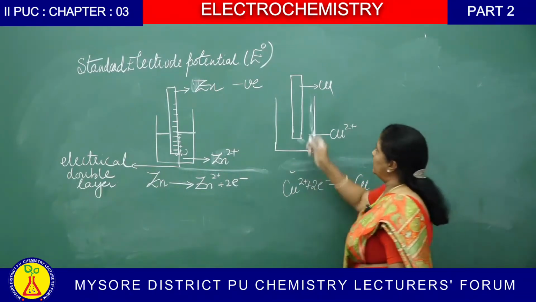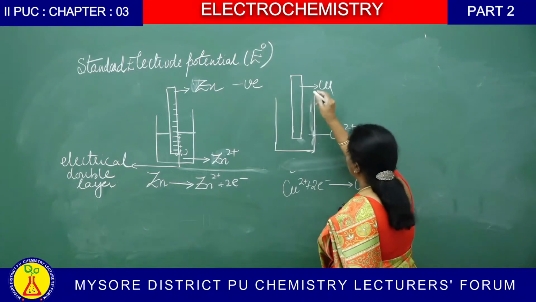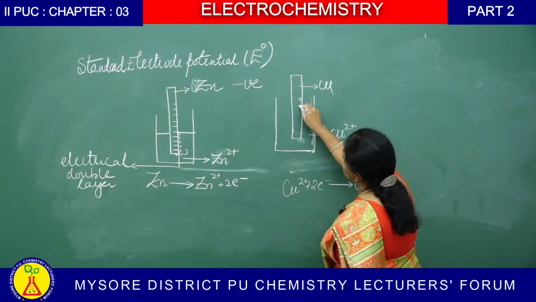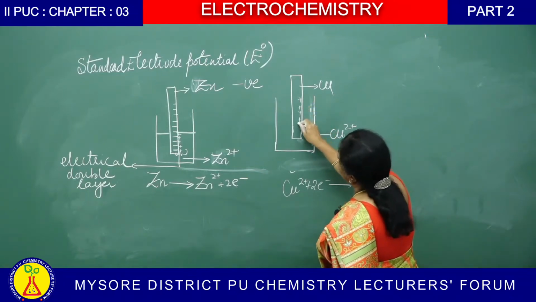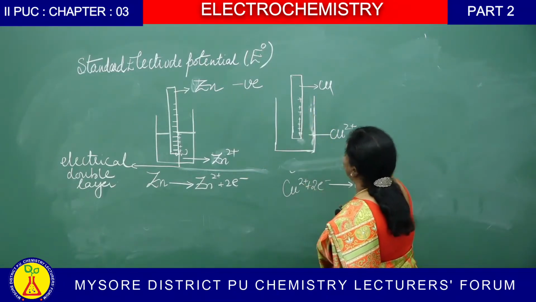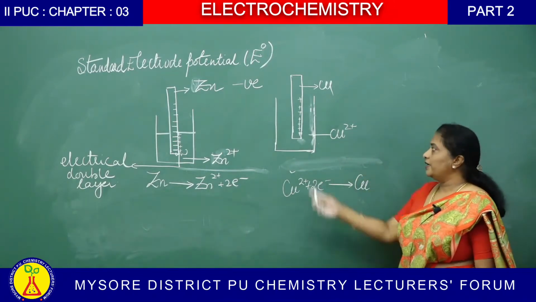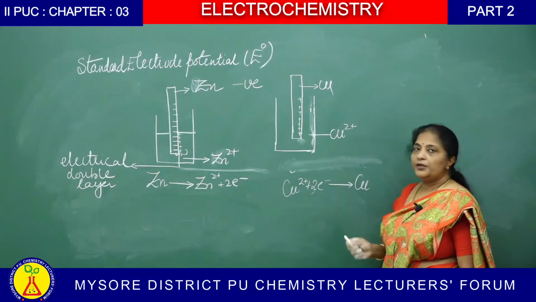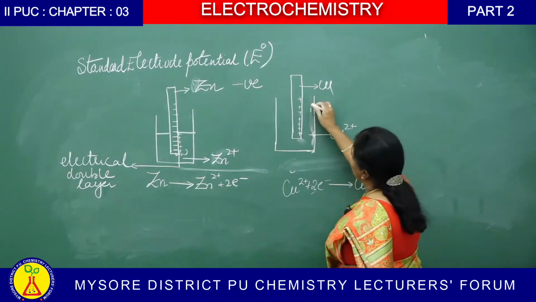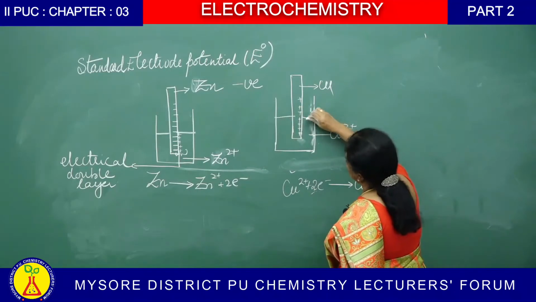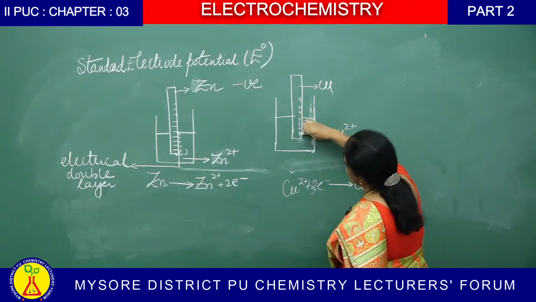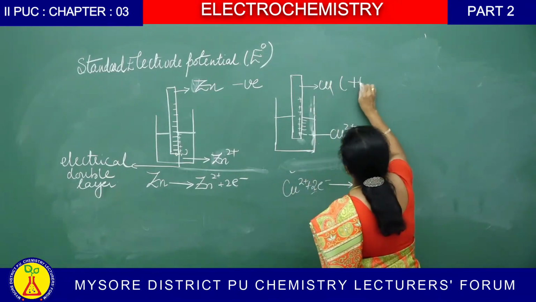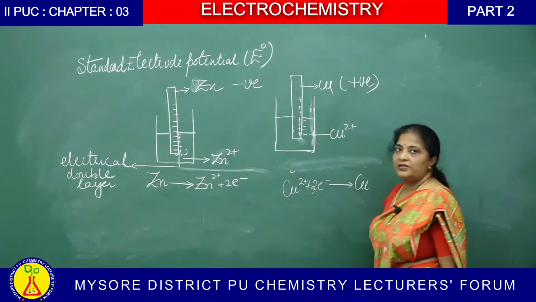Because of that, you are going to have positive charges on the surface, because the electrons are being used up, and the negative ions from the solution will come onto the surface to neutralize that, and hence copper develops a positive charge.